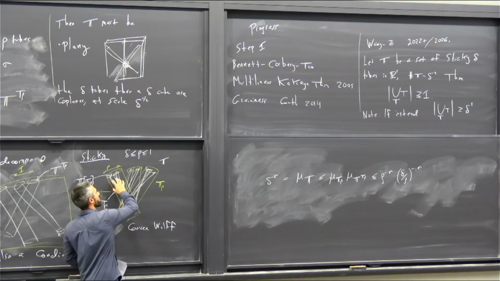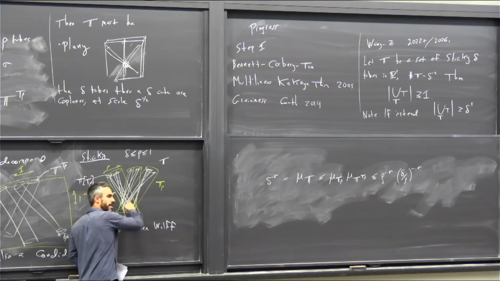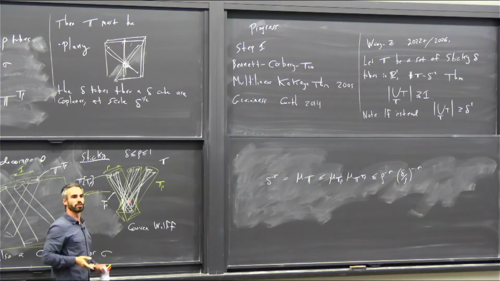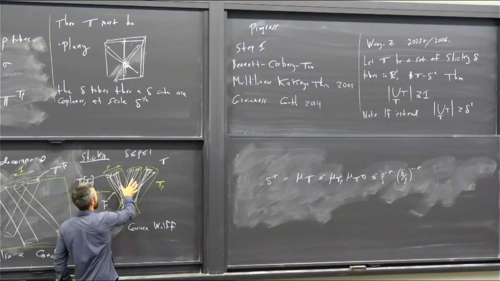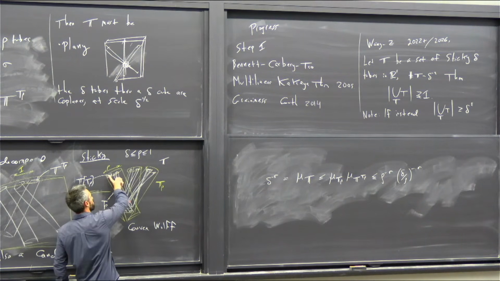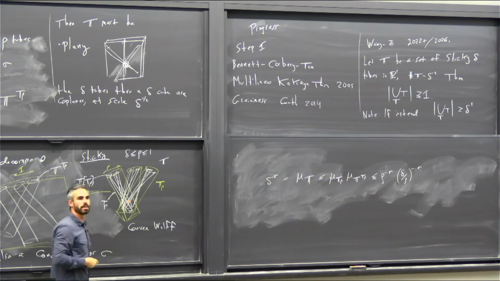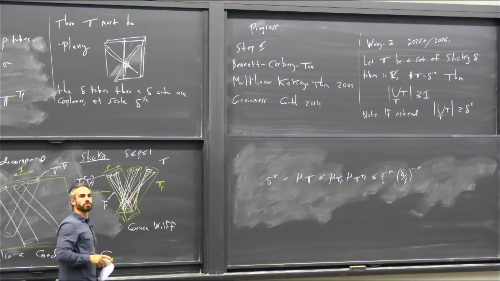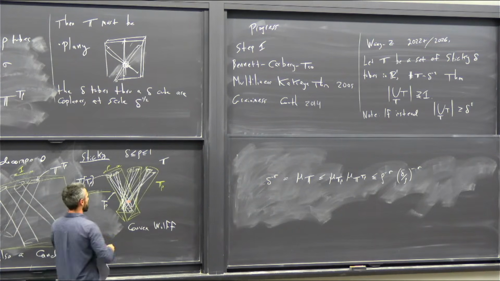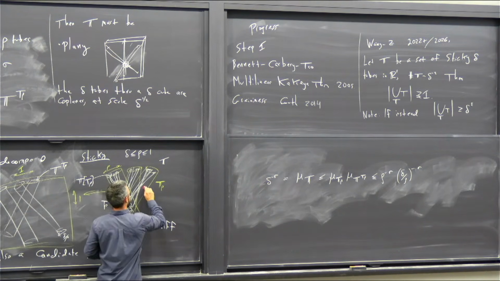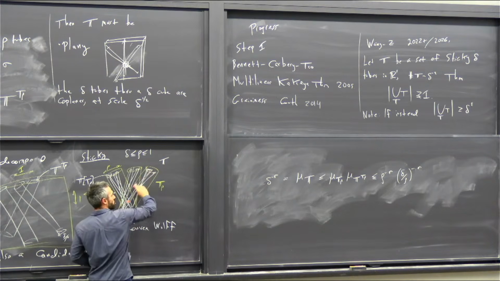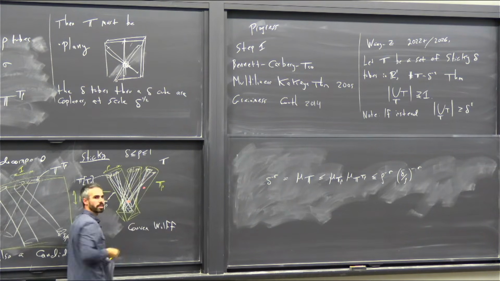You could look at the various rho tubes which intersect this point. That will be some family of rho tubes. And then for each one of those rho tubes, you could ask, is it the case that there's a delta tube, at least one, inside of this rho tube which actually hits that point? And in general, there's no reason to expect that to be the case, right? I mean, if I just pick some random point inside of a rho tube, there doesn't have to be any delta tubes inside which touch that point.